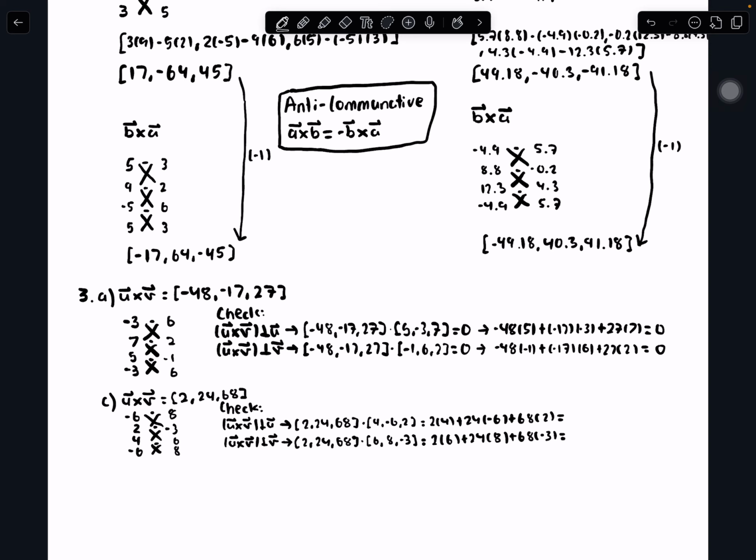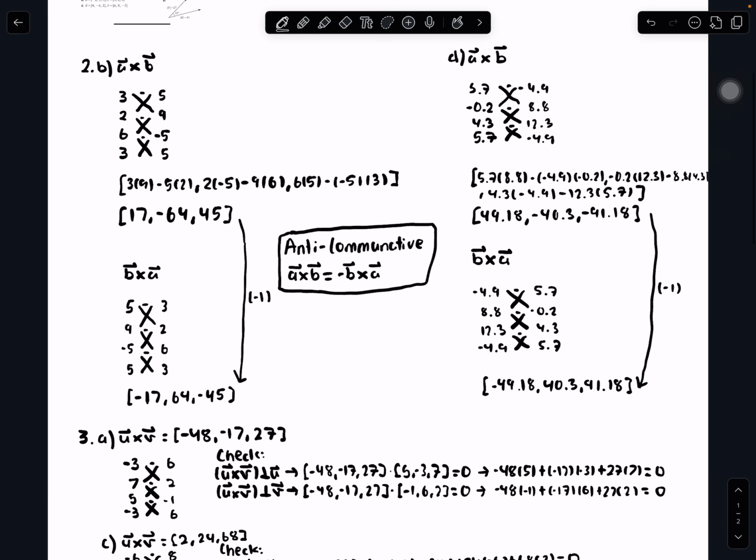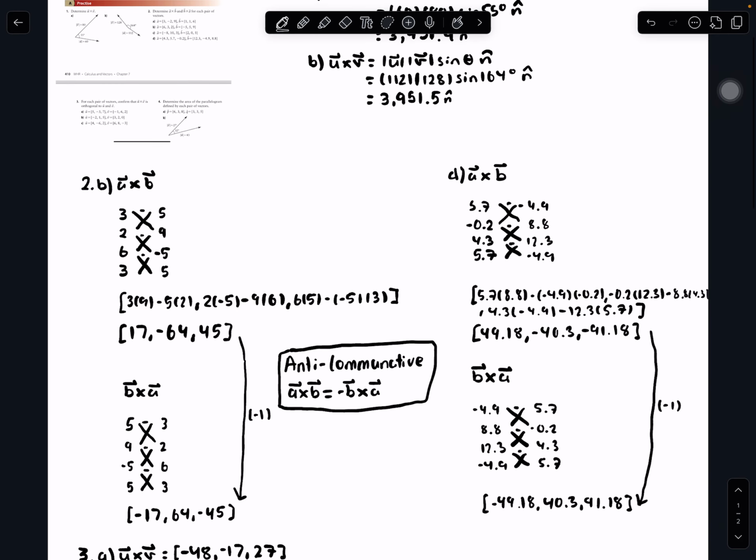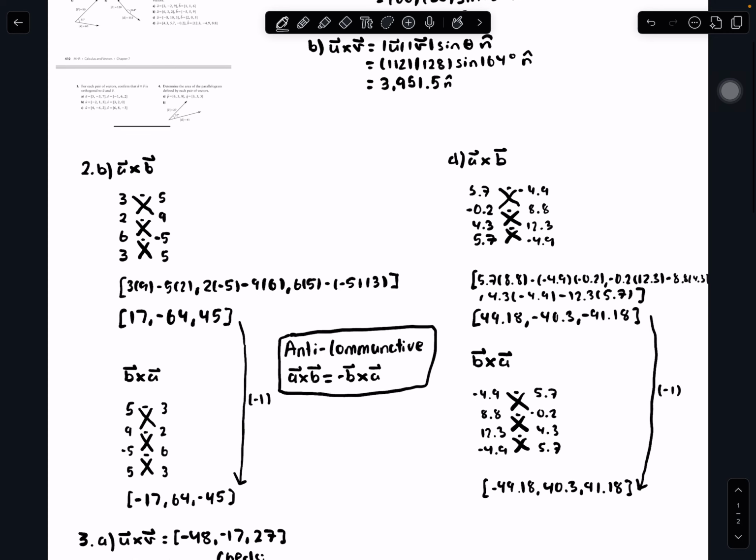Both should give us 0. 0 for the first guy. And the second is 2 times 6 plus 24 times 8 plus 68 times negative 3. And you're welcome to check at home whether this calculation is right. Perfect. Okay, final one.